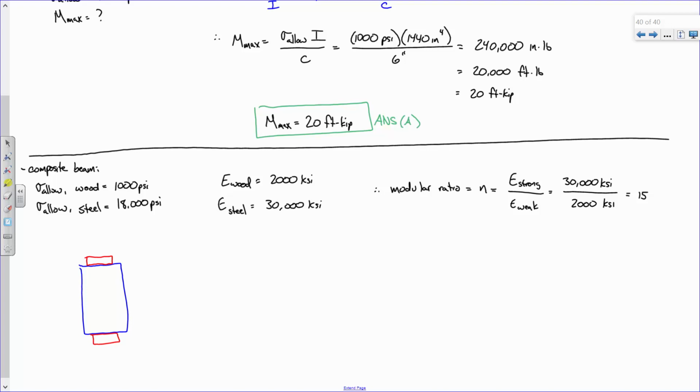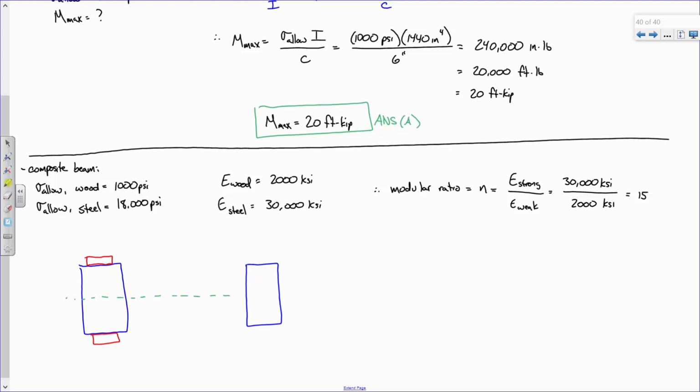Now, here's how that's going to work. So here's the neutral axis. I'm going to transform this into a beam that is made solely of wood. The wooden center beam is going to stay the same.